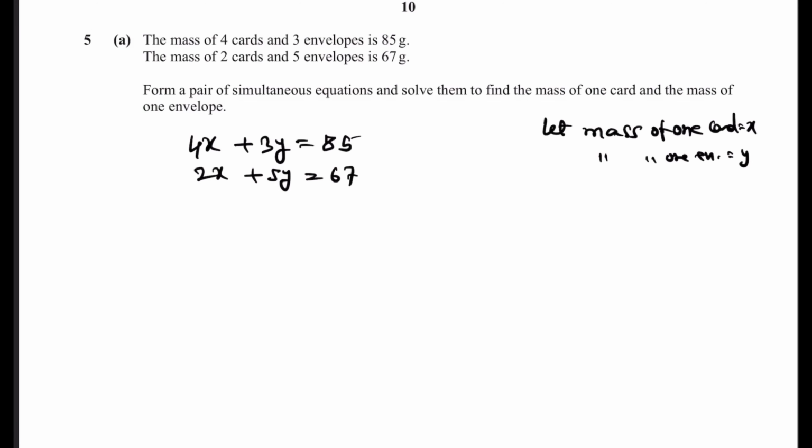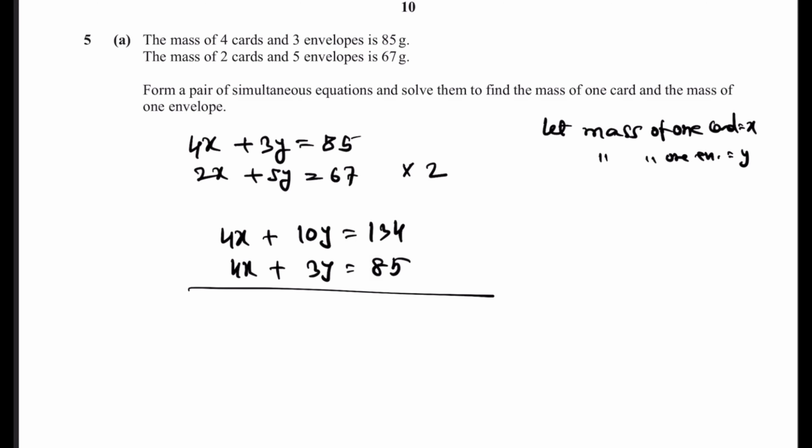If we solve these two equations simultaneously, let me multiply this one by 2. So you have 4x plus 10y equals 134. And 4x plus 3y equals 85. So this is cancelled, this is subtracted.